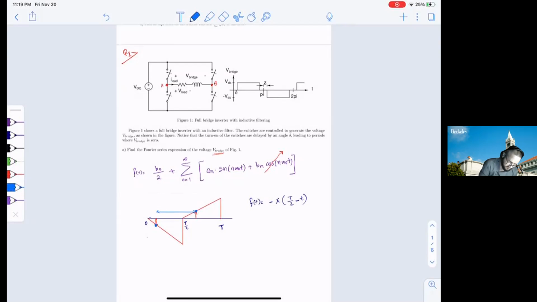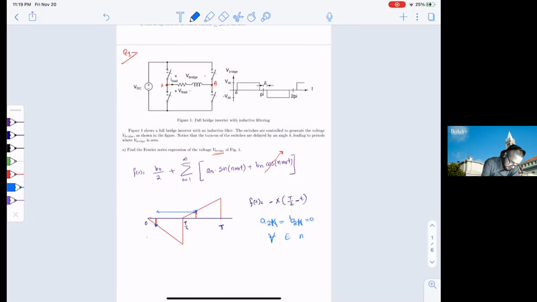When a function is half-wave symmetric, a of 2n from the sine is equal to b of 2n. Let me just change this to k. K is equal to 0 for all k element of N, where N is going to be a range of 1 to infinity. So now we know something else too.